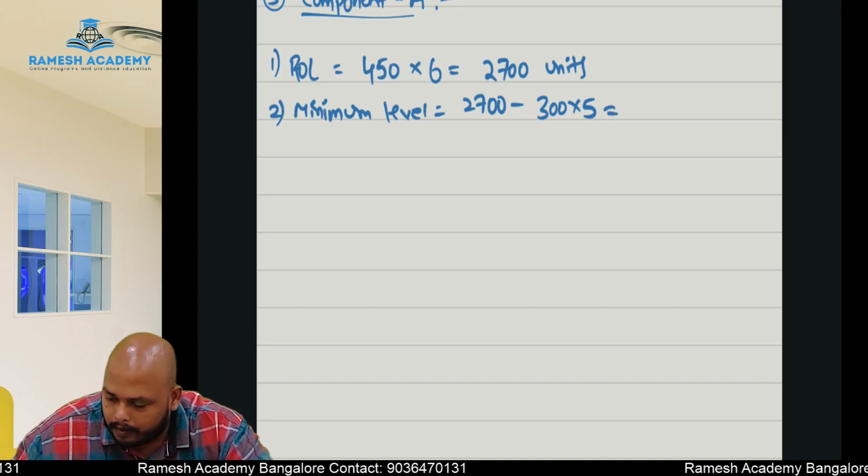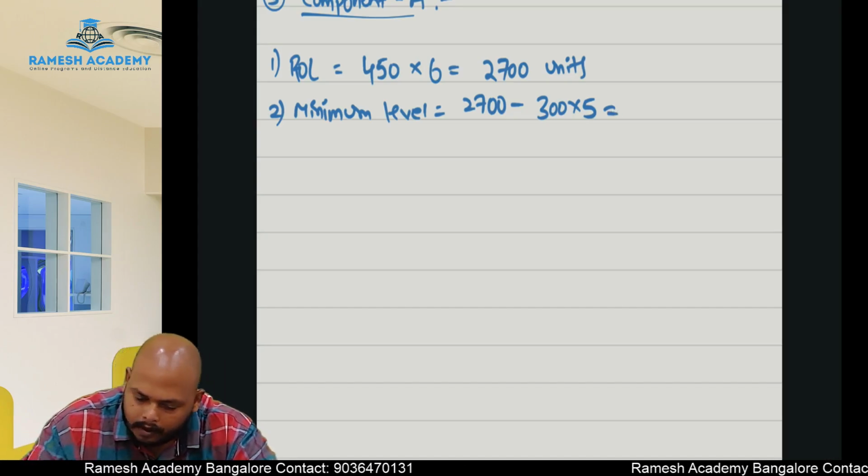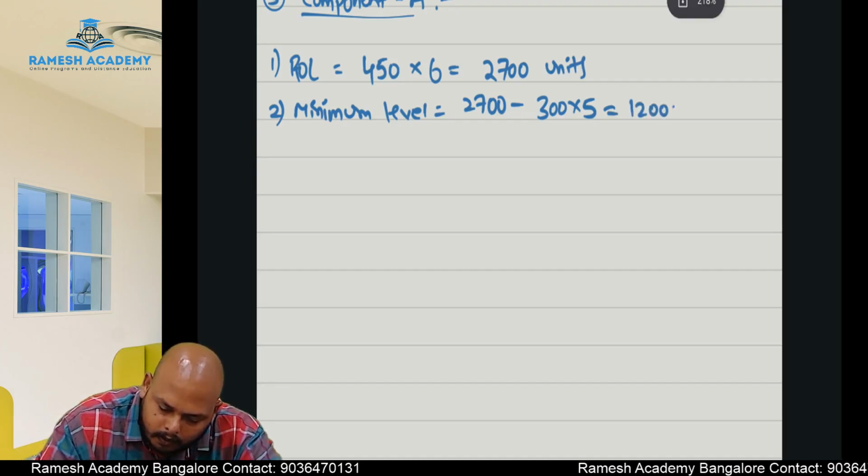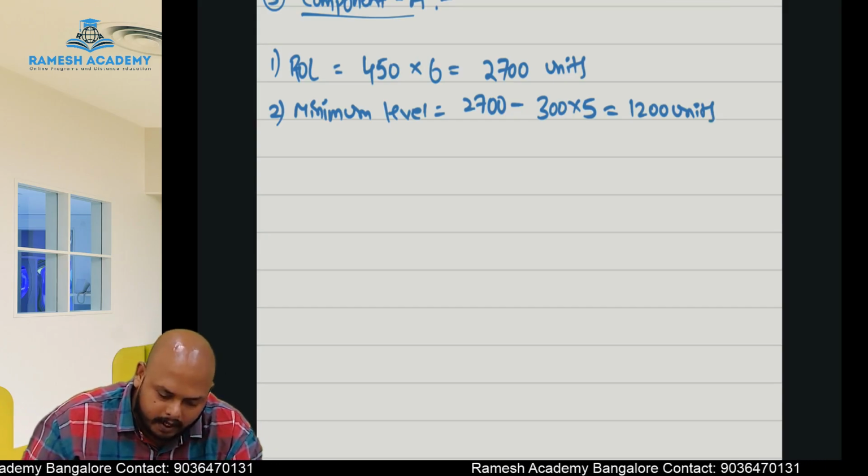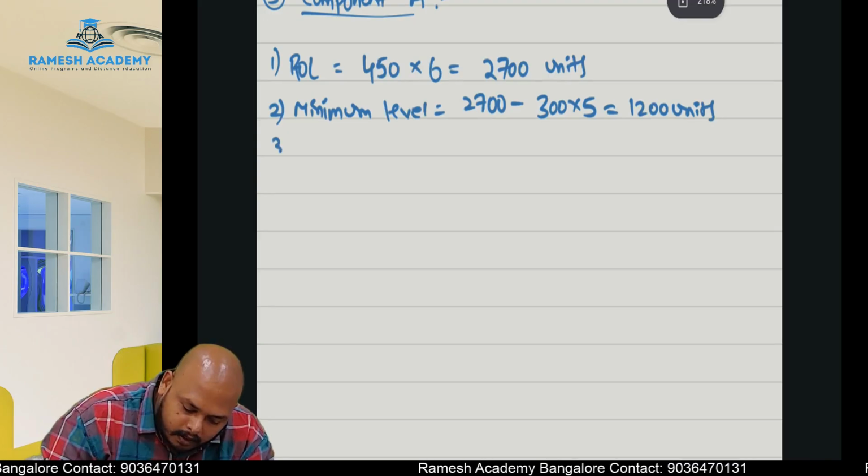So 2700 minus 1500 is 1200 units. Minimum level is 1200 units.